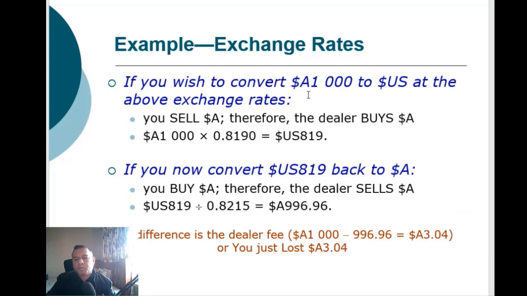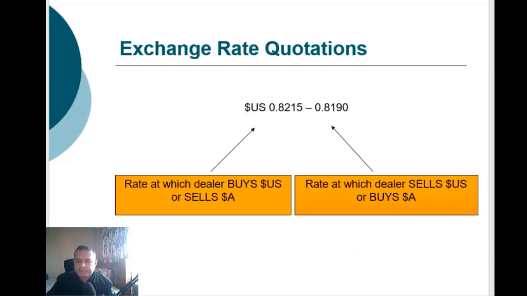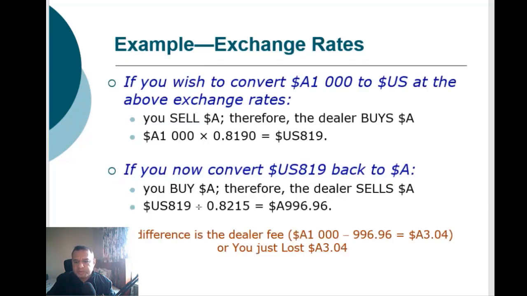If you wish to convert 1000 Australian dollars to US dollars at the above exchange rate, what will happen? If you go back to the slide, you'll find that if you want to buy the US dollar, it means the dealer will sell, then the rate will be 0.8190. So you want to sell Australian dollars and buy US dollars.